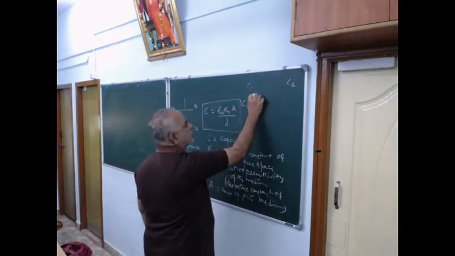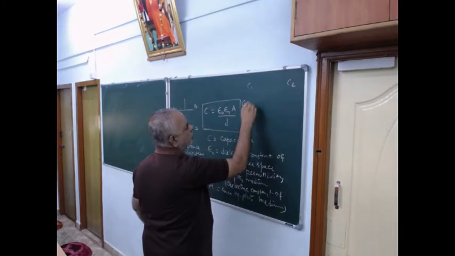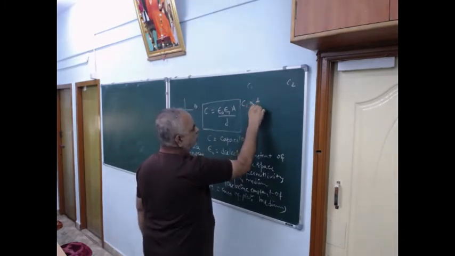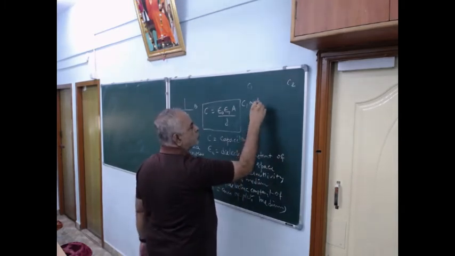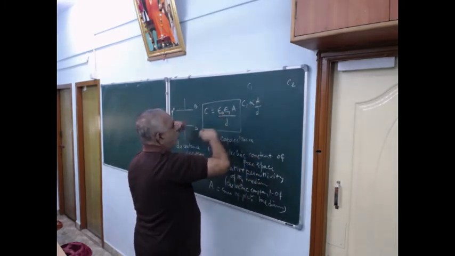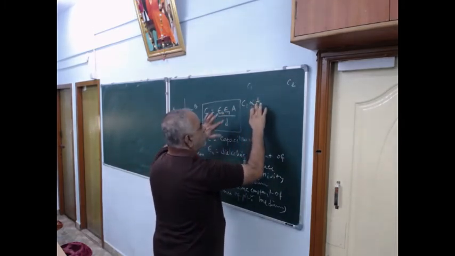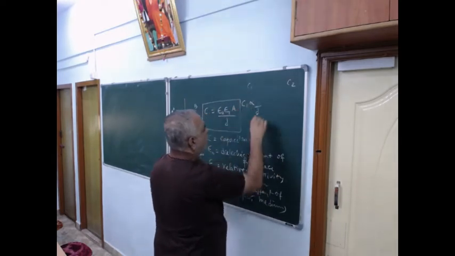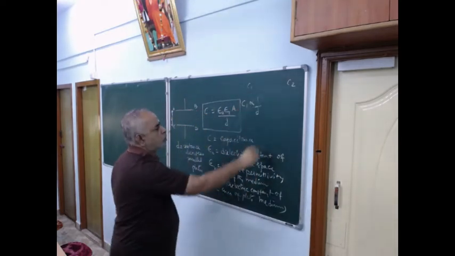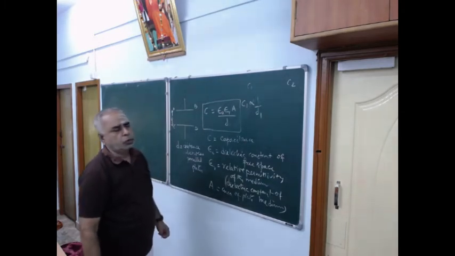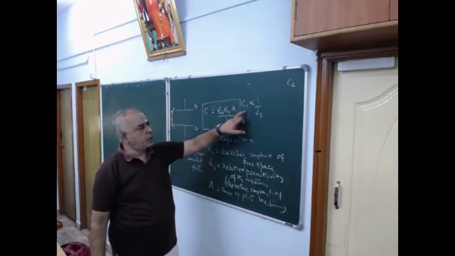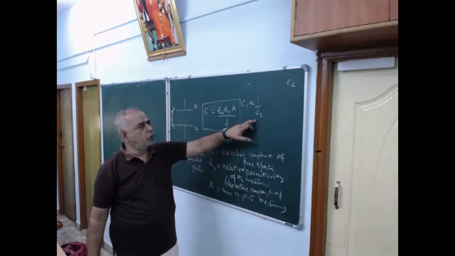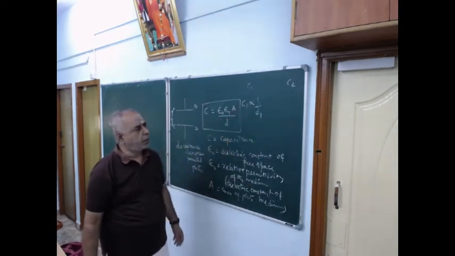In that case, capacitance is proportional to A by D, right? And now the area is also constant, so you can remove that also. Therefore, C1 is proportional to 1 by D1. It means capacitance is inversely proportional to the distance between the plates.